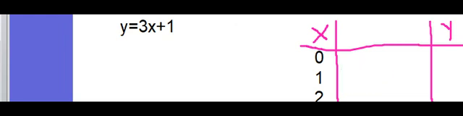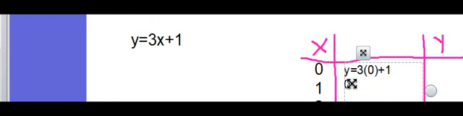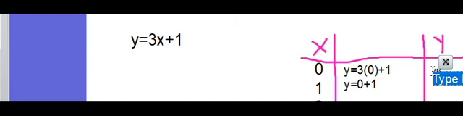So I move some things out of the way for you. All right, there we go. So we get that 3 times 0 is 0. Now we are left with a transformed equation that says 0 plus 1. And that's going to leave us with the value of y equaling 1.